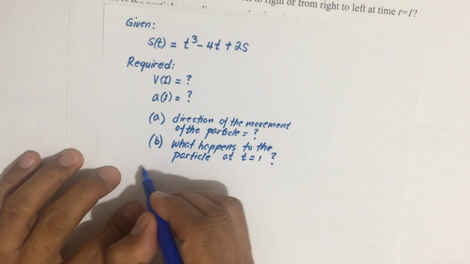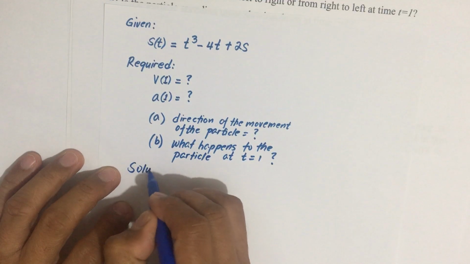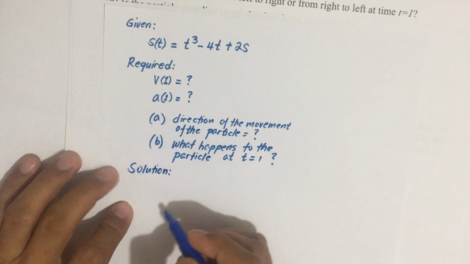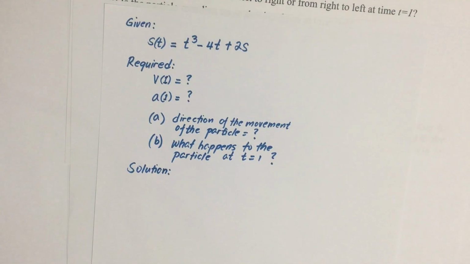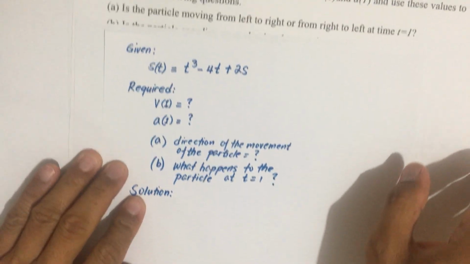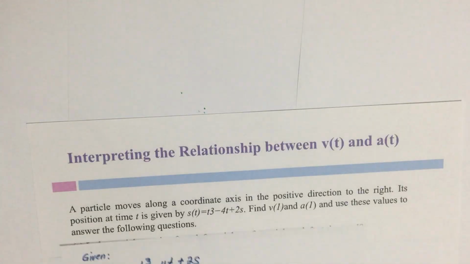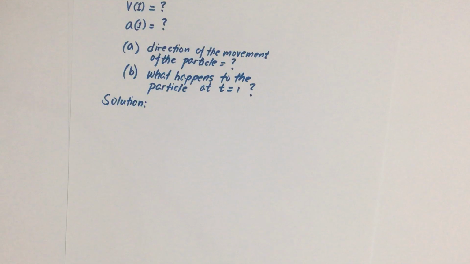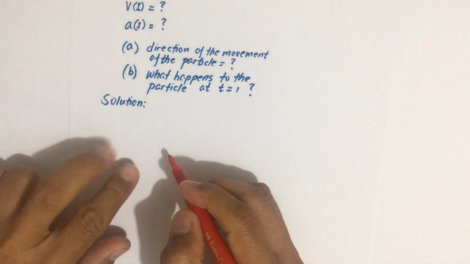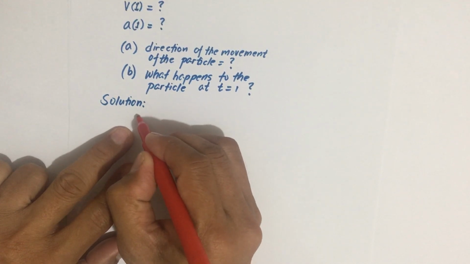Okay, so for our solution, we need to first find, or we begin to find v of t.